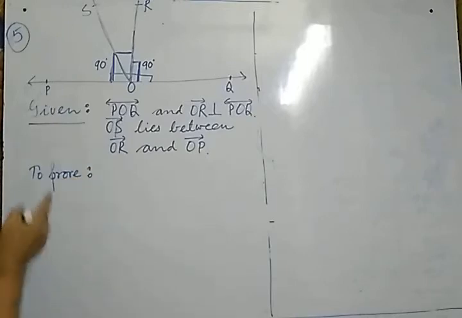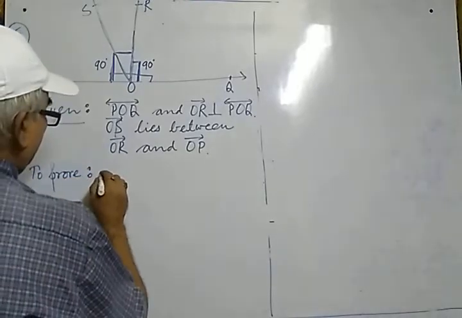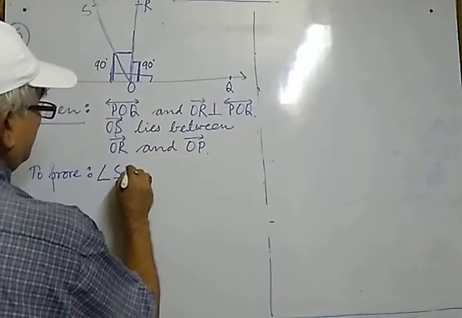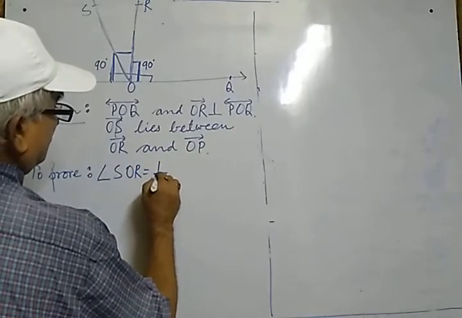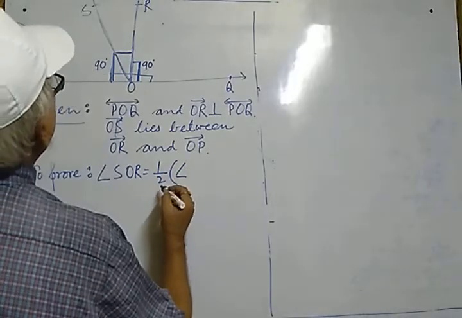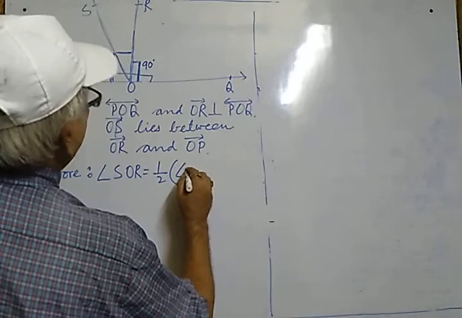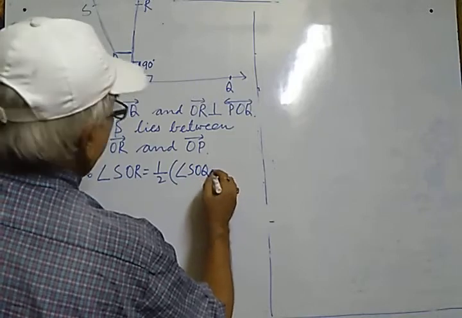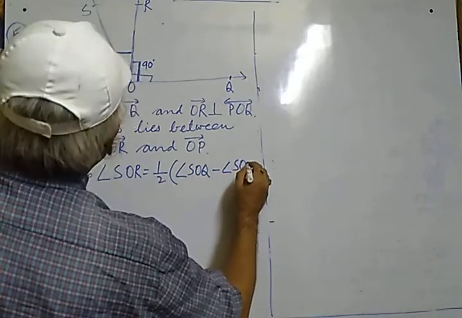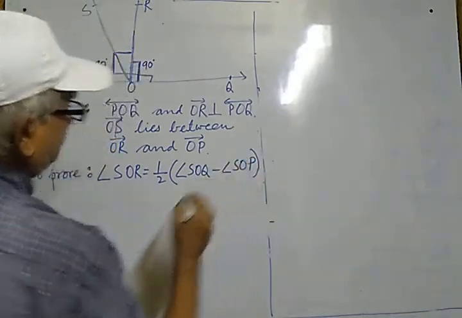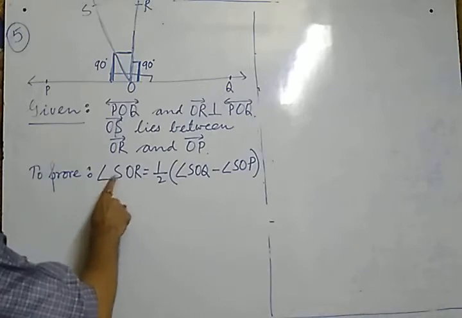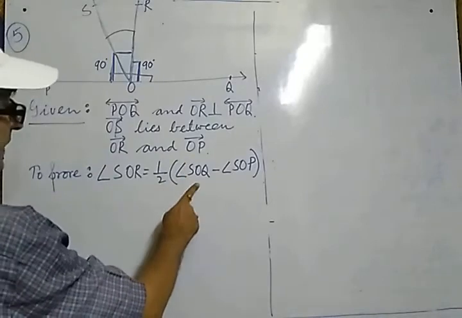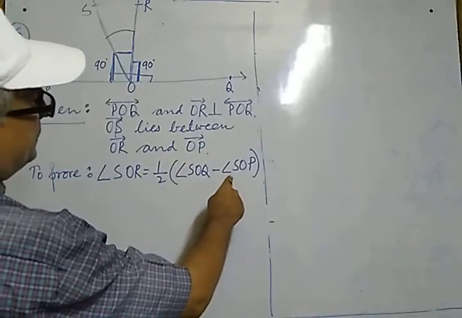What is to be proved there? We have to prove that angle SOR, this angle, is equal to half of the difference of SOQ minus SOP.